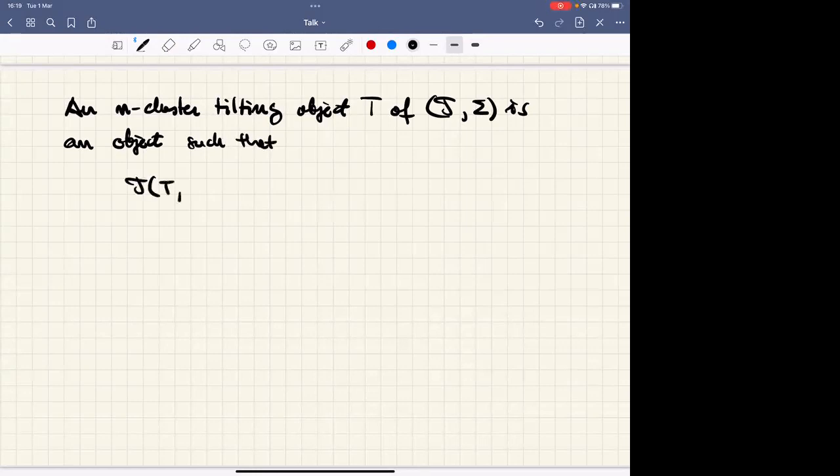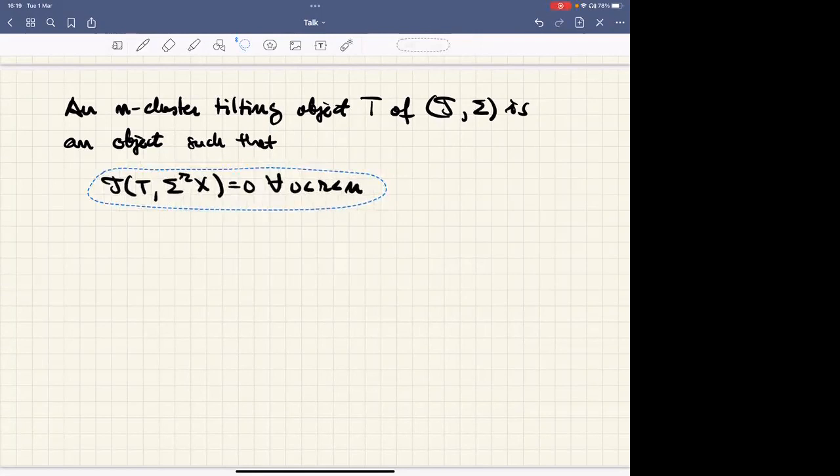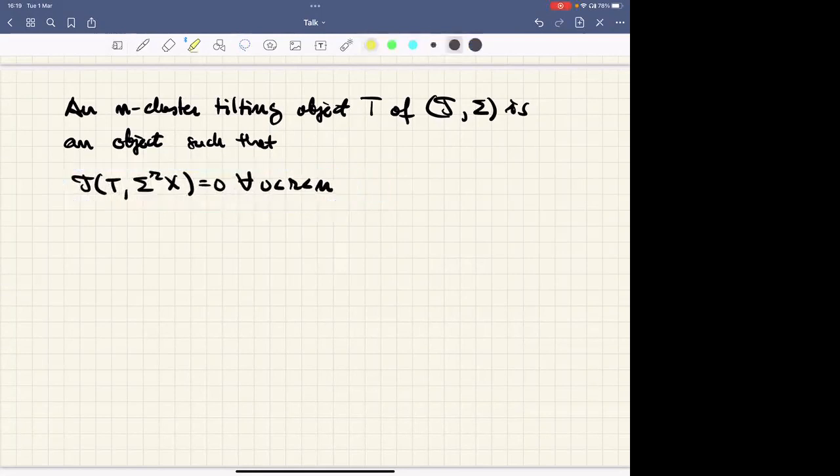The Hom from T to the suspensions of another object X vanish for all values between 0 and n, if and only if X belongs to the additive completion of T. So this is the category which is obtained from T by taking direct sums and so on.